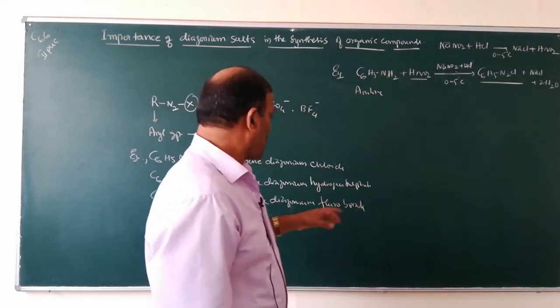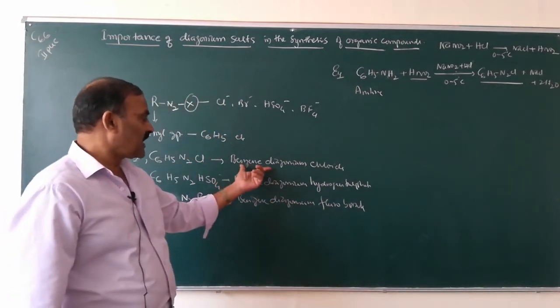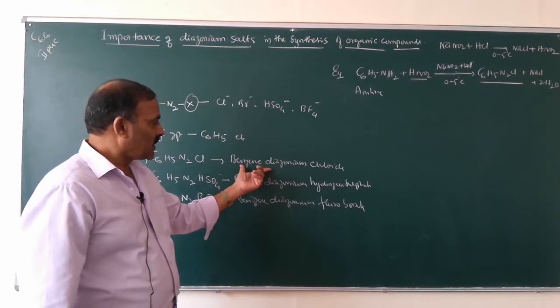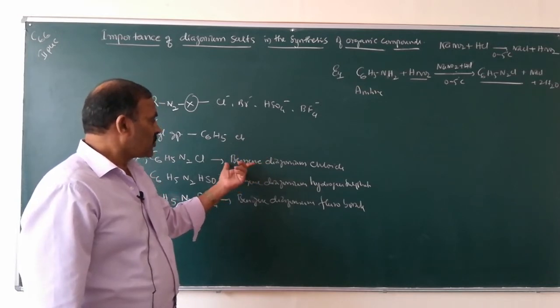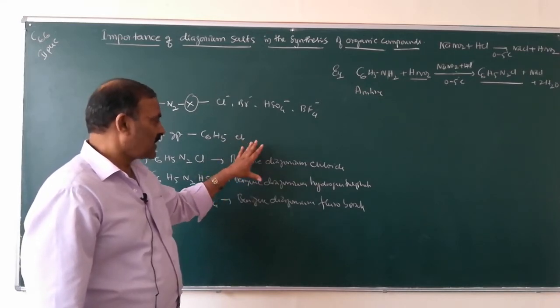Coming to benzene diazonium fluoroborate. Benzene diazonium chloride is a colorless crystalline solid. In the solid form, it is highly unstable. Therefore, when it is dissolved in water and kept cold at 0 to 5 degrees centigrade, it is somewhat stable.